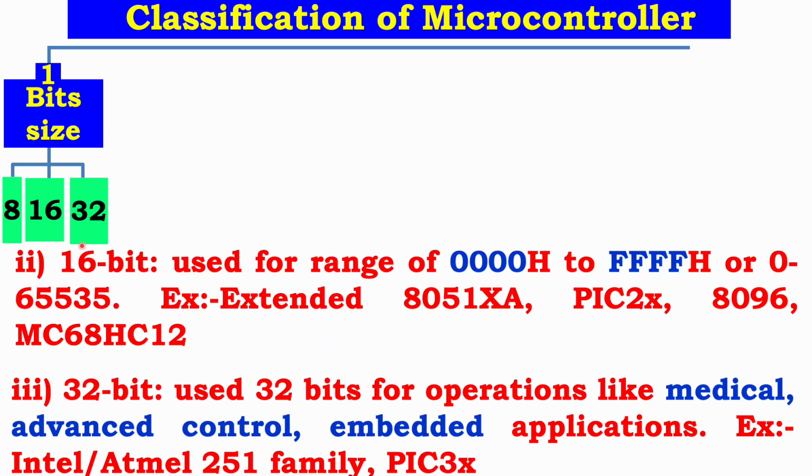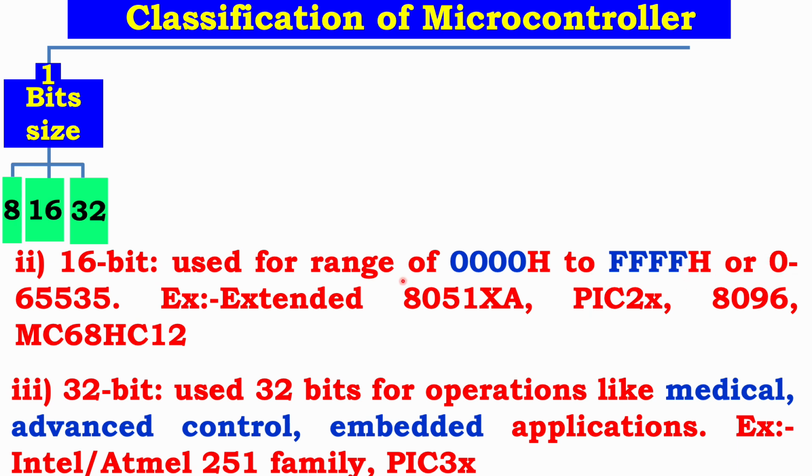Now the 16-bit, the second type of microcontroller, has a starting address of 0000H to FFFFH.